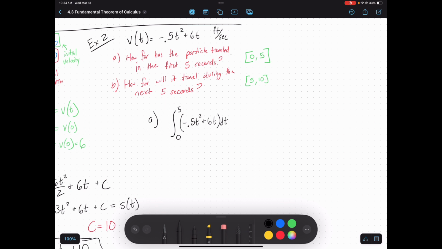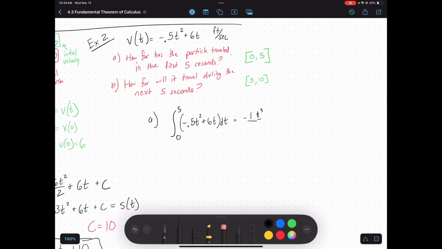Well, according to the fundamental theorem of calculus, all I have to do is find the antiderivative. And since this is a definite integral with bounds, I don't need to stress about the plus c. So what do I get? I get negative 0.5 t cubed over 3. Well, negative 0.5 over 3 is actually just 1 over 6.